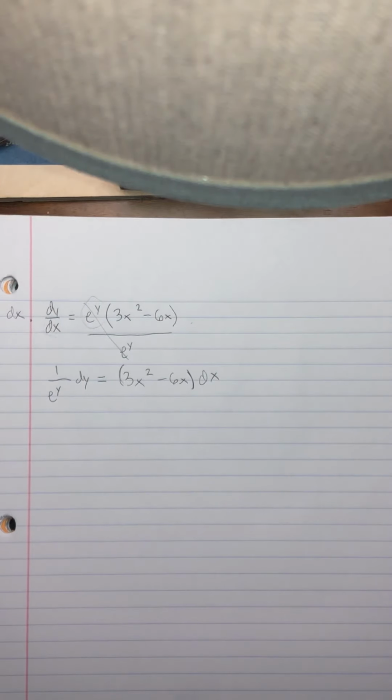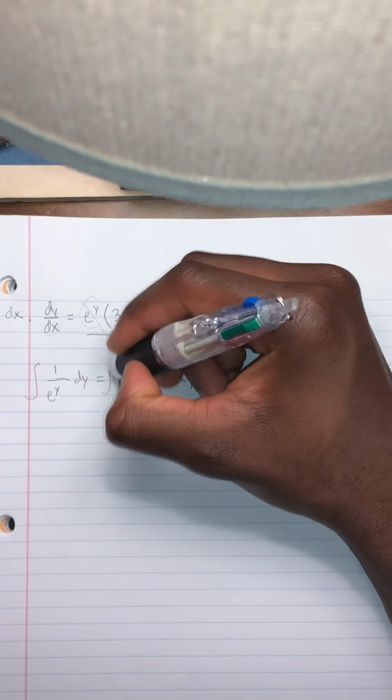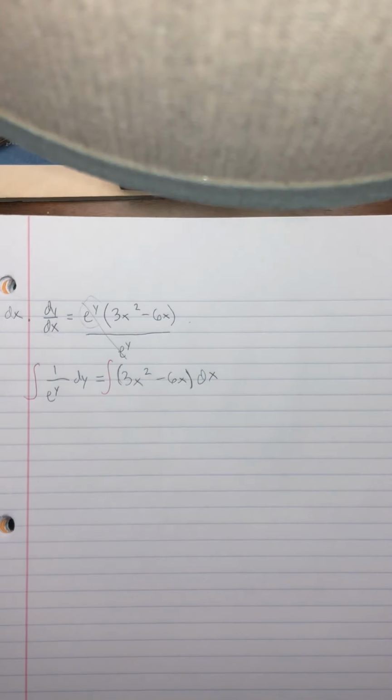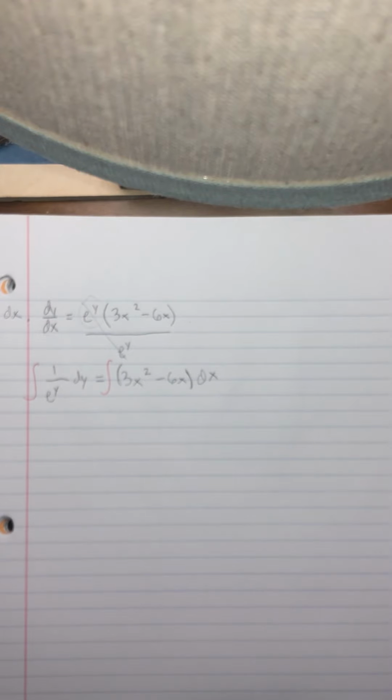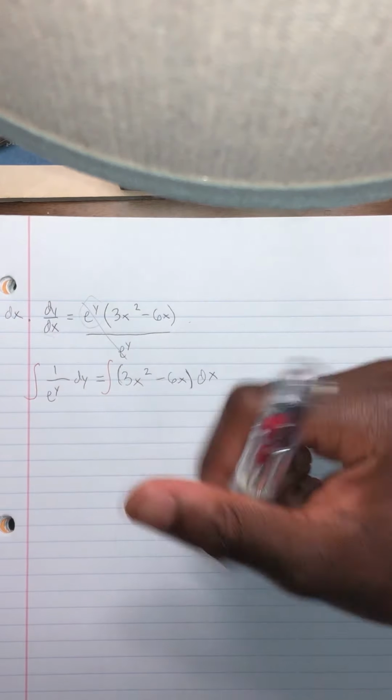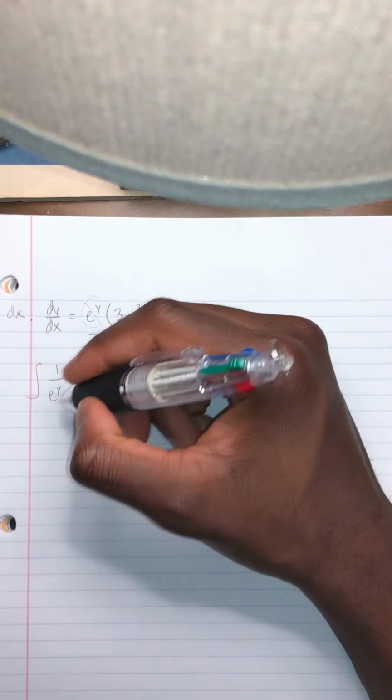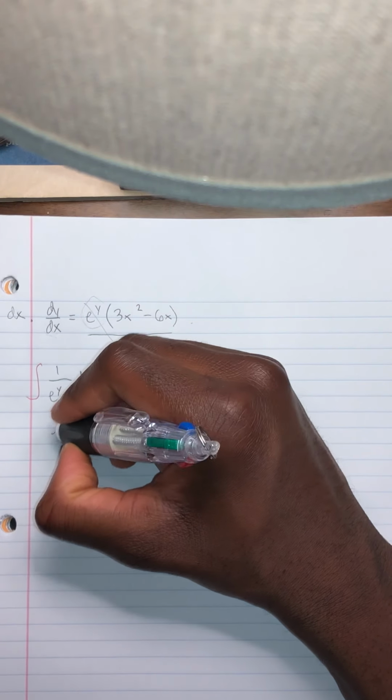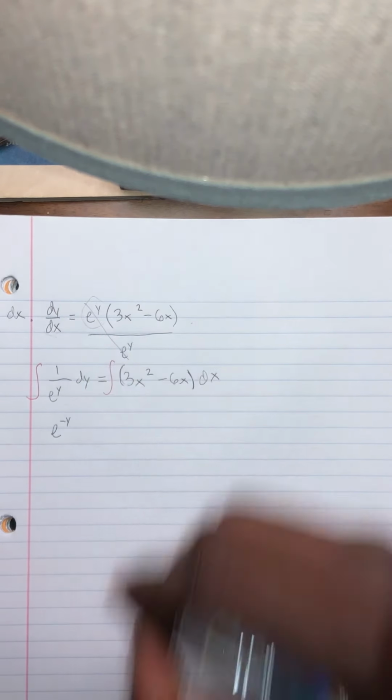After we have this, we should integrate both sides. Let's first integrate the left side. 1 over e to the y is the same as e to the negative y dy.